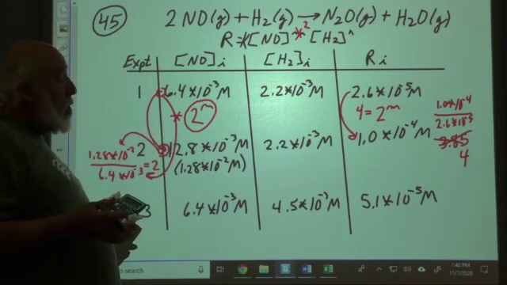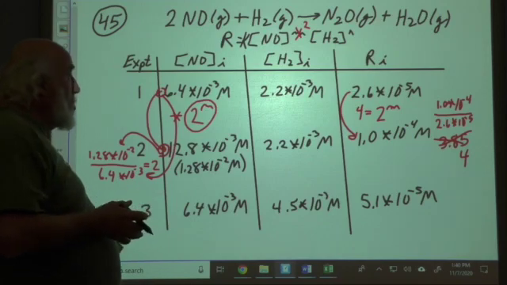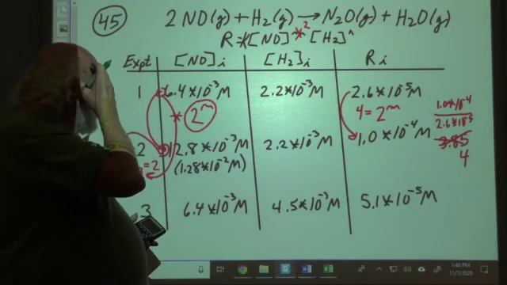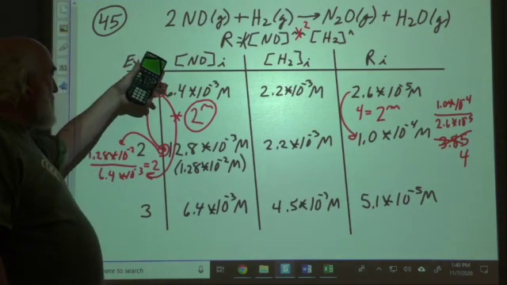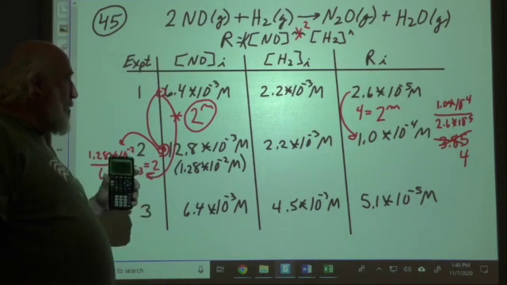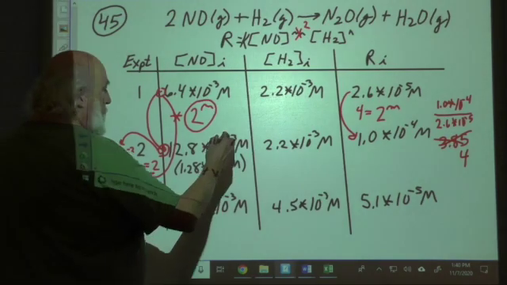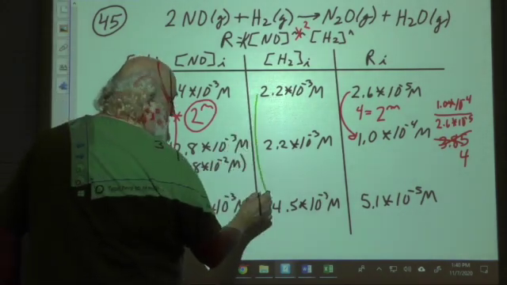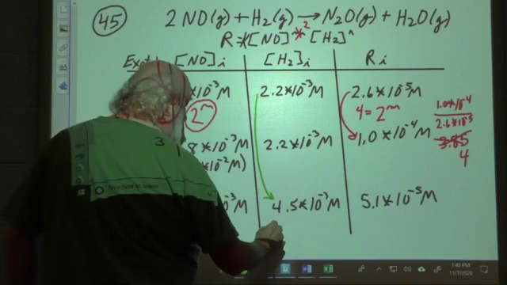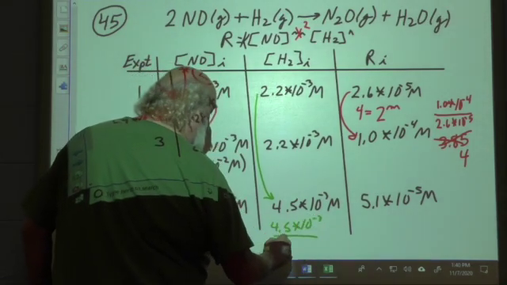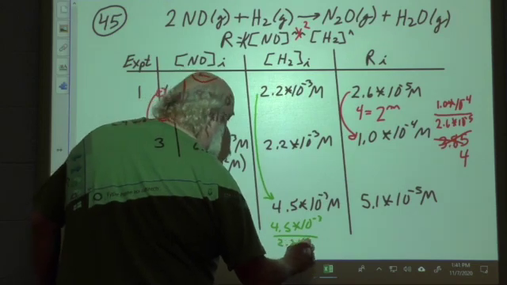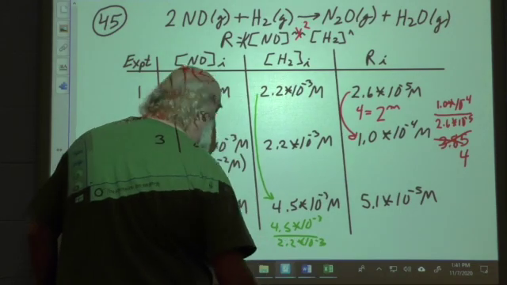Okay, so now we're going to change the H2, but not the NO. And the only way that the NO stays the same is from the first to the third. So we're going to go from the first to the third here. And so that means we're going to take 4.5 times 10 to the negative 3 over 2.2 times 10 to the negative 3.